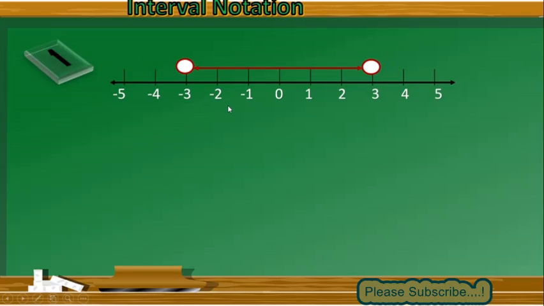So actually there are two ways of writing interval notation: the interval notation and the set notation. For now, we will only study how to write the interval notation first. Before writing it, we first have to understand what these symbols are all about.